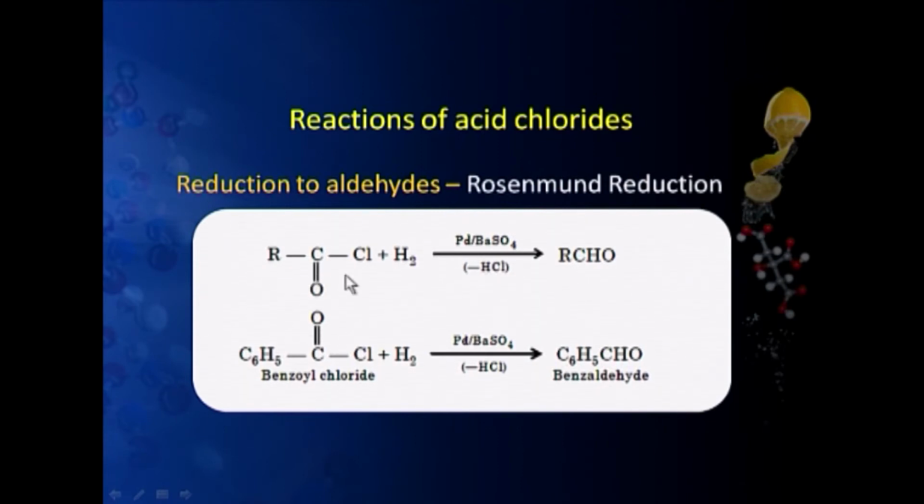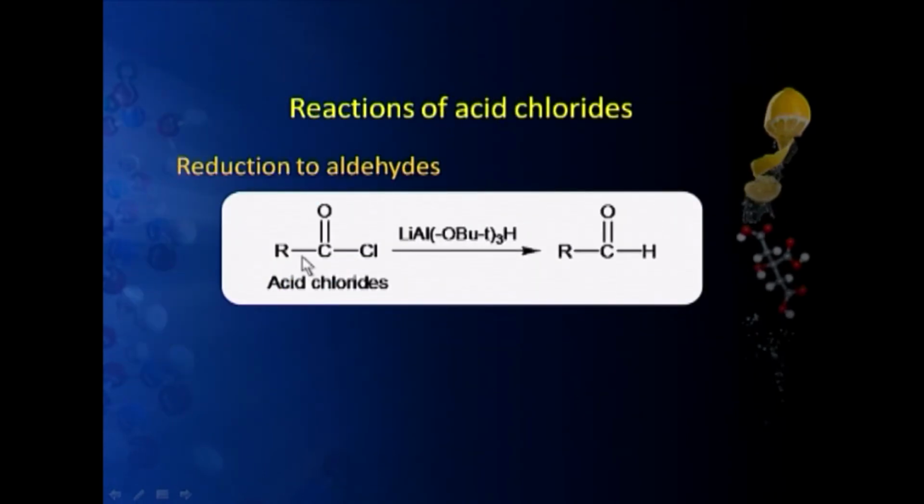These acid chlorides may be aliphatic as well as aromatic. So benzoyl chloride also undergoes a similar reaction and we get benzaldehyde. Then these acid chlorides can be reduced to aldehydes by another reagent also, which is the tri-tertiary butoxide derivative with lithium and aluminium.